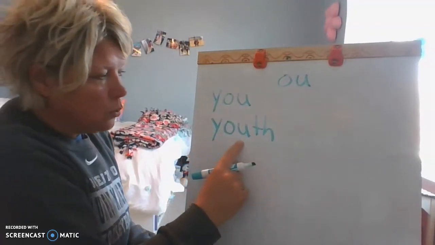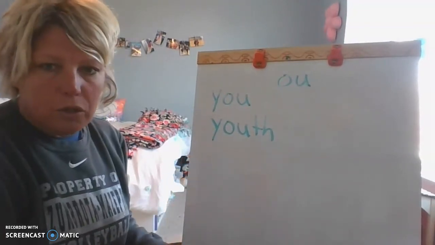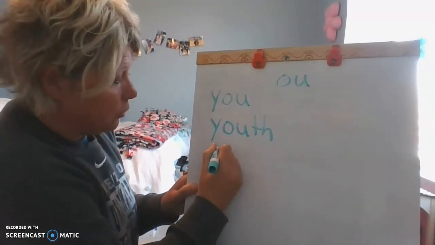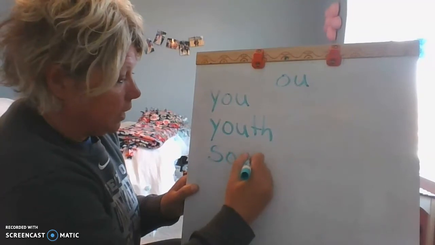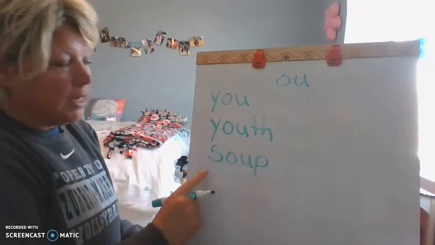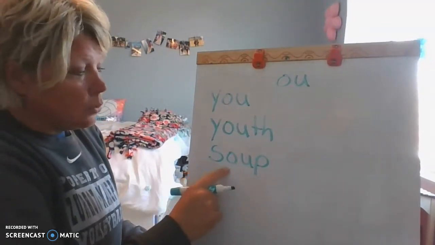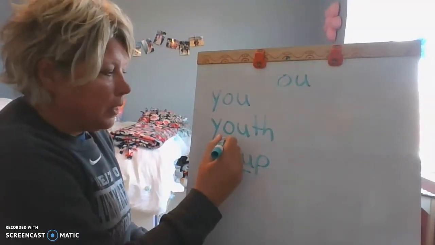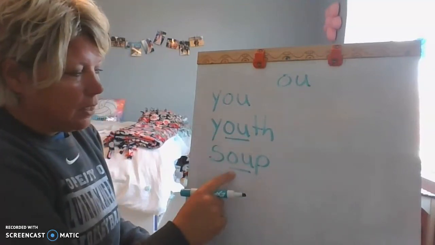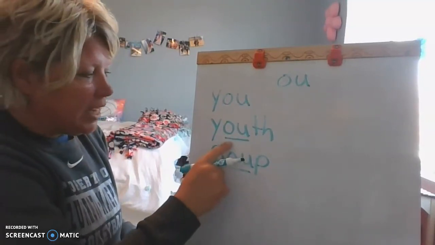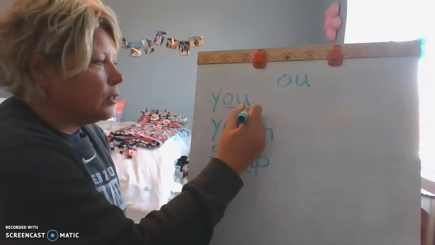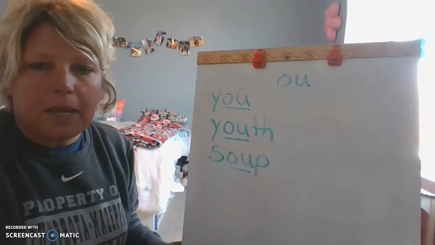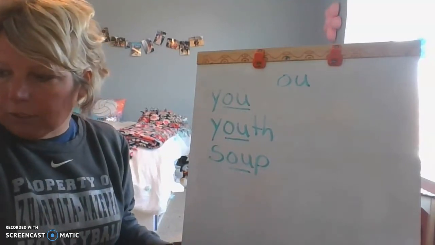Yah-ooh, youth. Maybe for lunch you're going to have not stew, but soup. Ooh, there's that OU. Now remember, I said most of the time the OU ooh is located in the middle of the word. Of course, you is a rule breaker, but it's still the OU that makes the ooh sound.